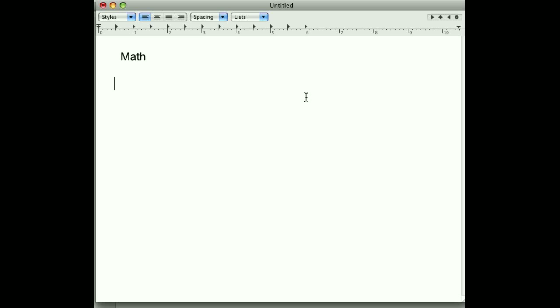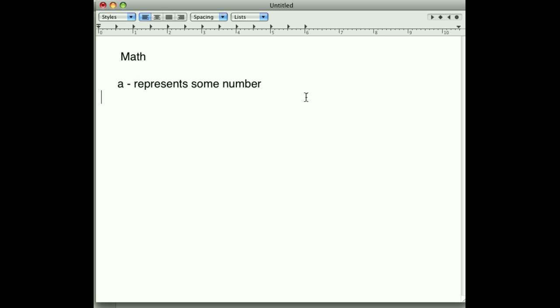So let's start with symbols. If I write a symbol like A in math, A represents some number.